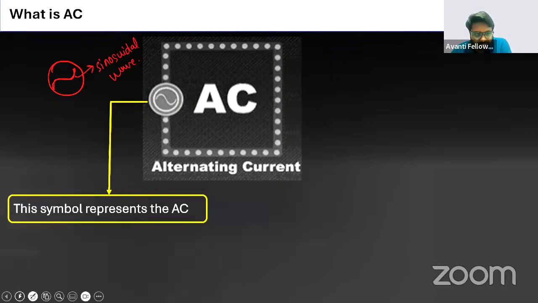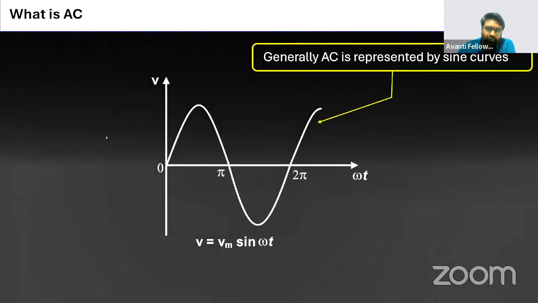Okay. Now, this is the general representation of an alternating current. From here it is moving up, and this is nothing but the voltage-time graph. Okay, clear? So V is represented as Vm sine omega t.